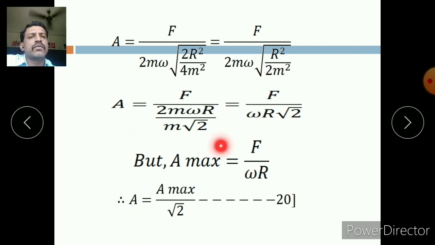Therefore A equal to F upon 2m omega times r upon root 2. If we take the square root, it is r and m under root 2. So m will cancel, omega r will remain, and 2 upon root 2 means root 2. So F upon omega r upon root 2.